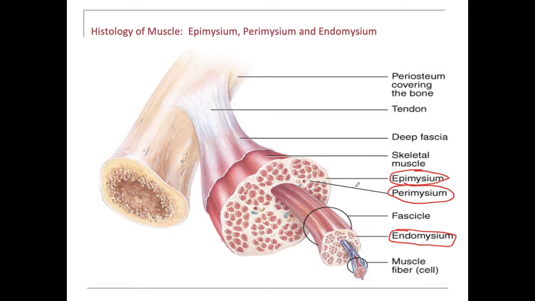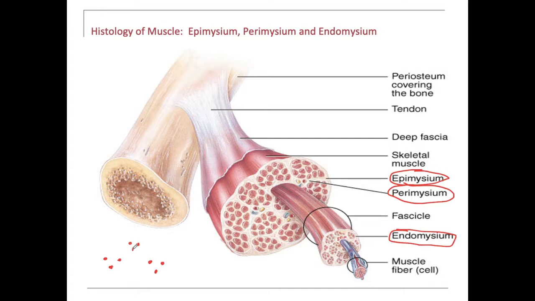And just for simplicity, I'll give you an idea of how it works. Let's say these are some muscle cells here. Okay, here's one, here's other muscle cells. Okay, and let's say here's another here.